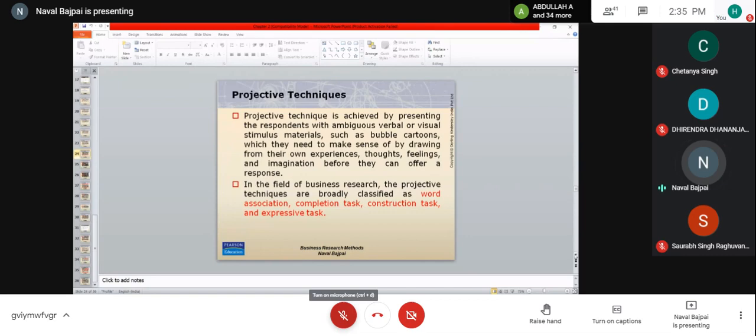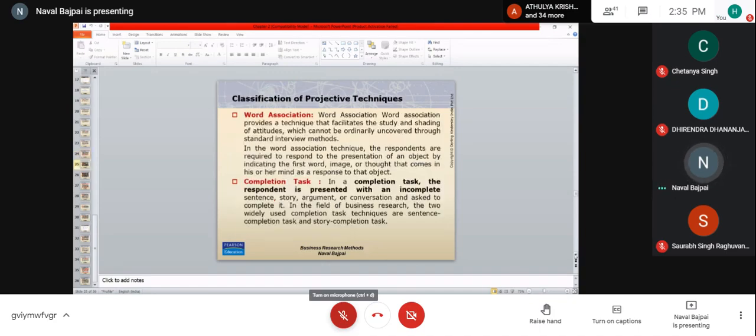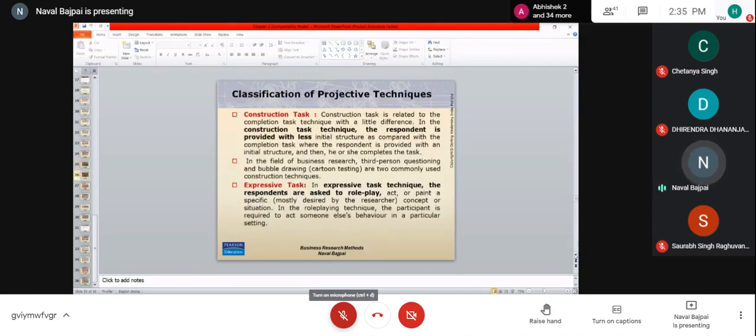Then there is the completion task: an incomplete task is given to you and you complete it. In the manner you complete it, you express your feelings about that particular phenomenon. A half-constructed task is given and you complete it, and then an expressive task is given. In the manner you respond, you present your own hidden feelings, and by that I would be able to understand what your feeling is.